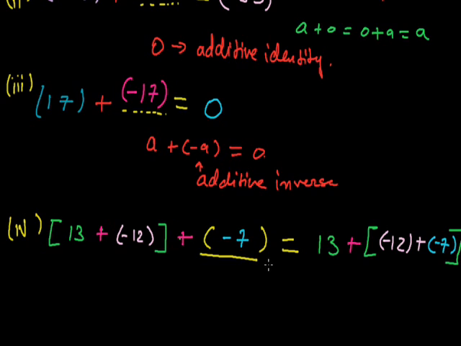Now this property in which you can make any group for adding is known as the associative property. Here you have first added 13 and minus 12, then you have added the sum to minus 7. Here you have first added minus 12 and minus 7, then you have added the sum to 13. This property is known as the associative property of addition.